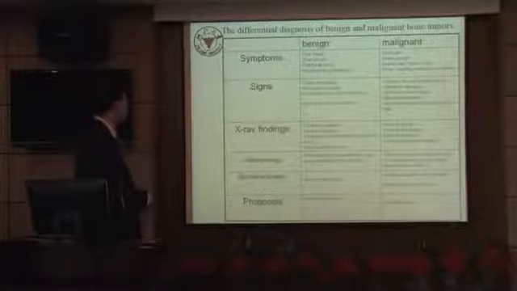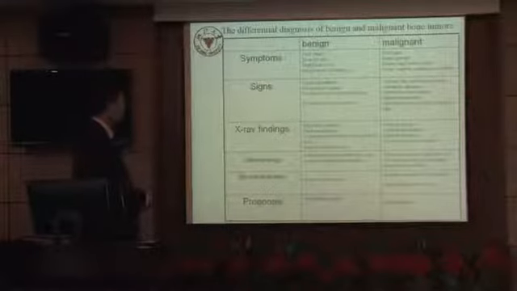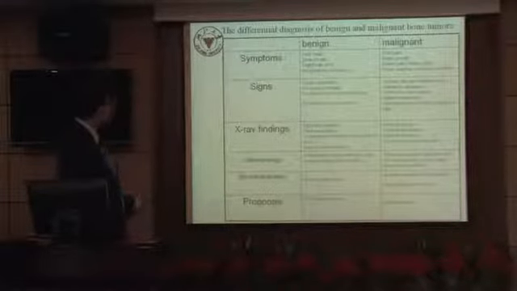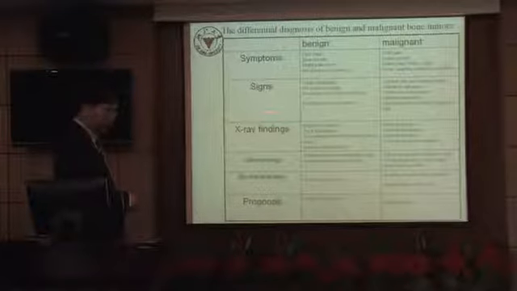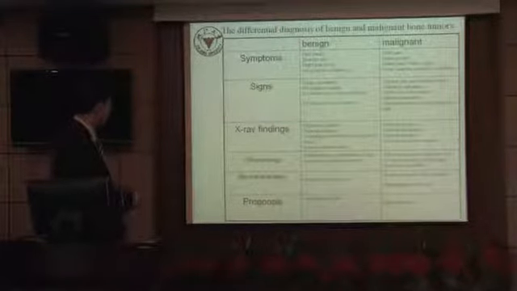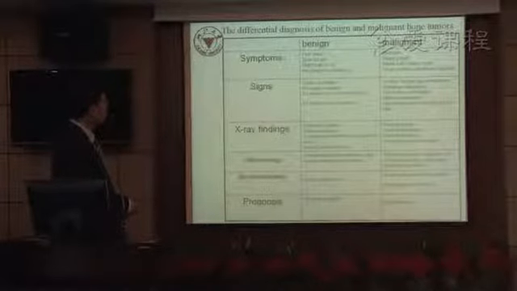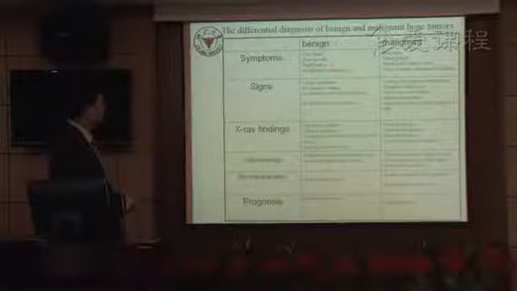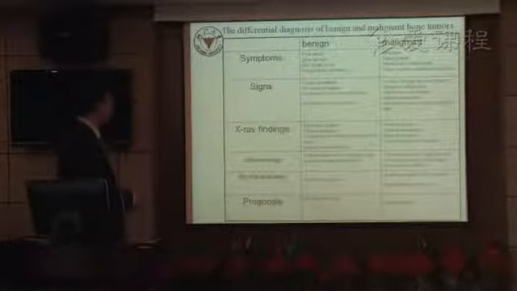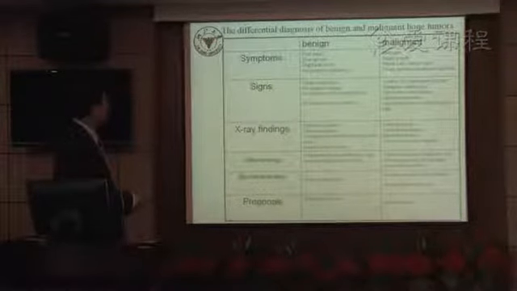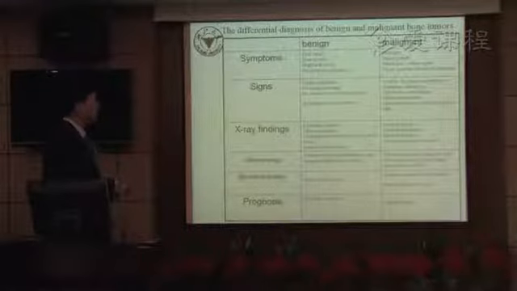We can differentiate these two kinds of tumors by the symptoms, the signs, the X-ray findings, the cell morphology, the biochemical tests, and the prognosis. First, the symptoms. In benign tumors, a mass occurs and may grow slowly, while in the malignant one we see rapid growth.